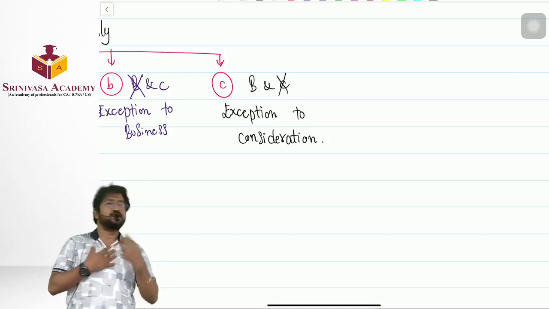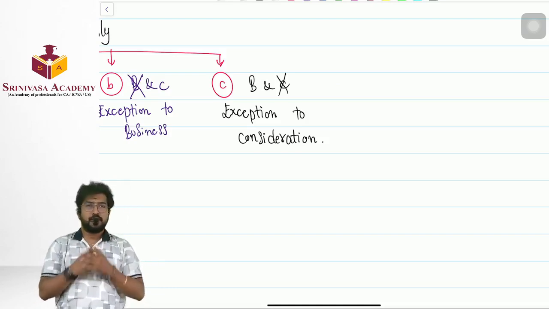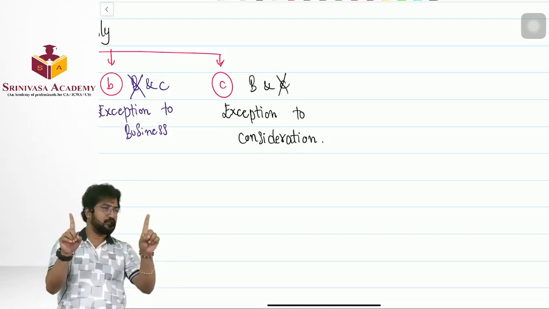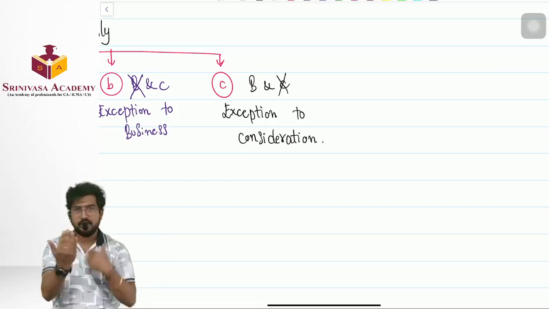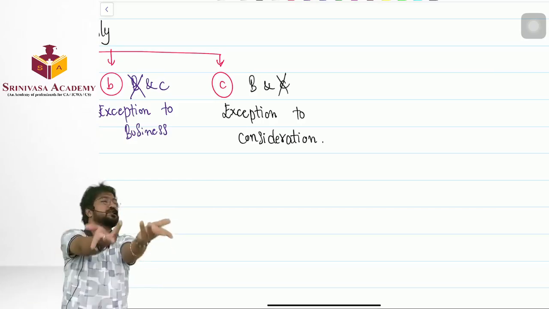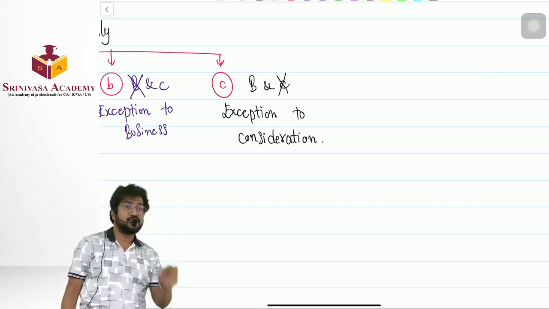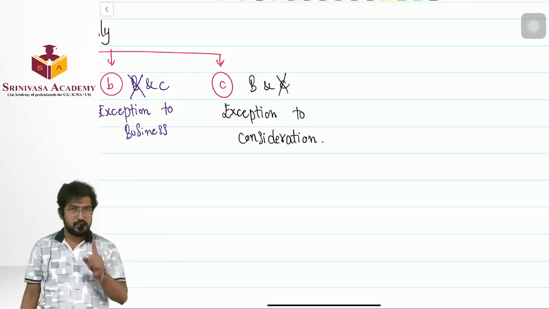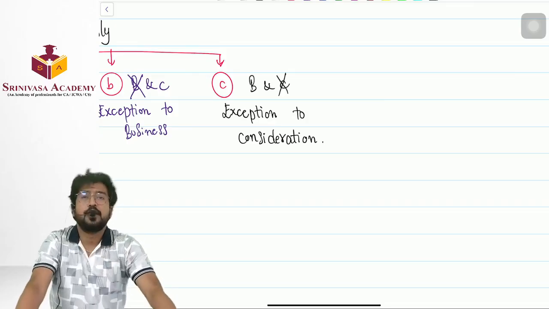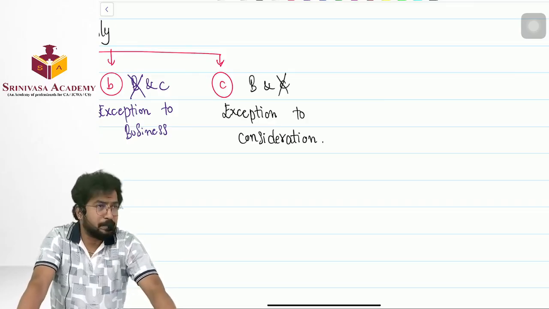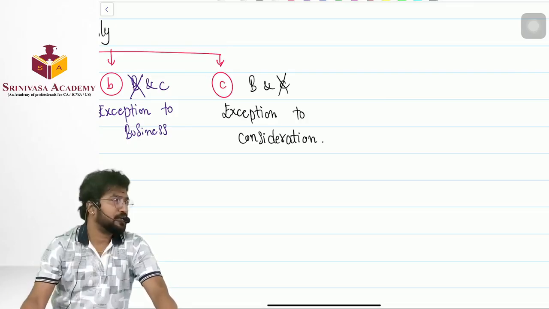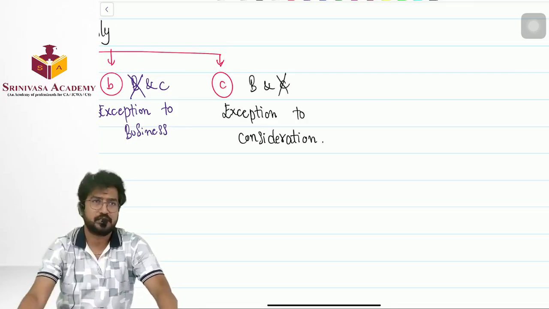That means you should know the meaning of 2 things: who is a related person, and who is a distinct person. If we are both related persons and I do something without consideration, it is supply. But what is the important element there? There should be business. To call a transaction supply, 2 things are important: 1 is business, 2 is consideration.